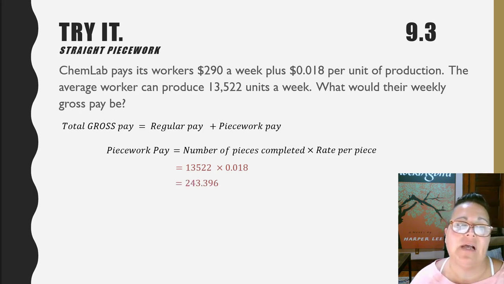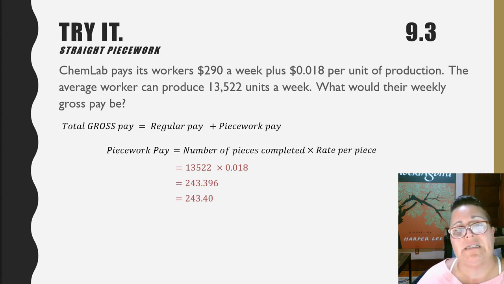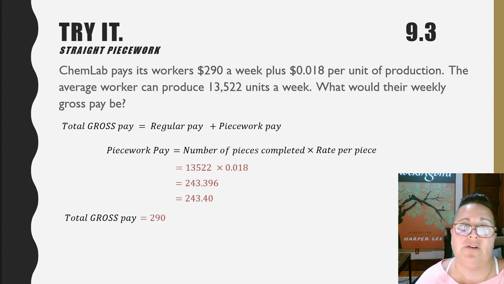If we multiply those out, we get $243.396. Rounding that to the nearest hundredth, because it's money, that'd be $243.40. When we add that to their base pay of $290, we get $533.40.